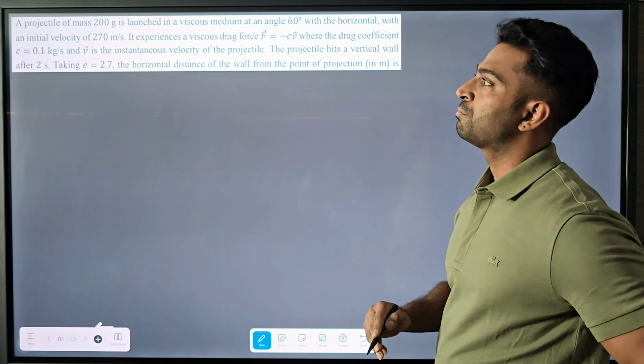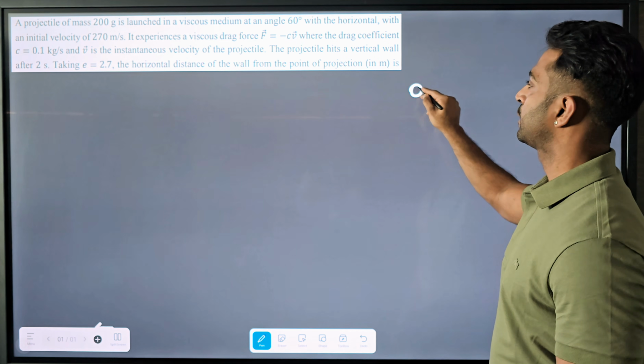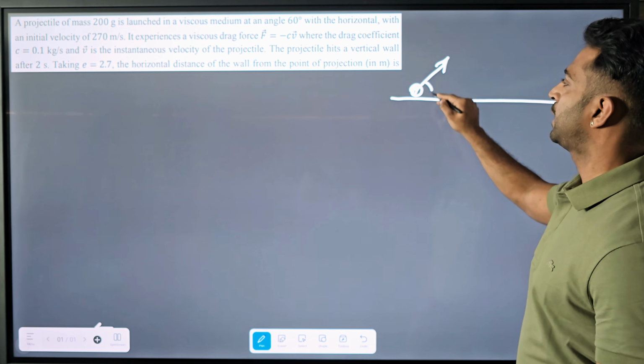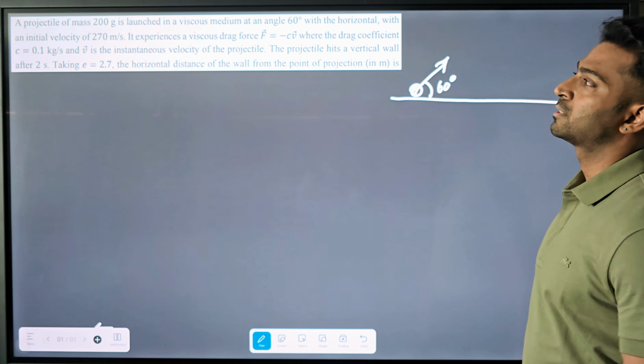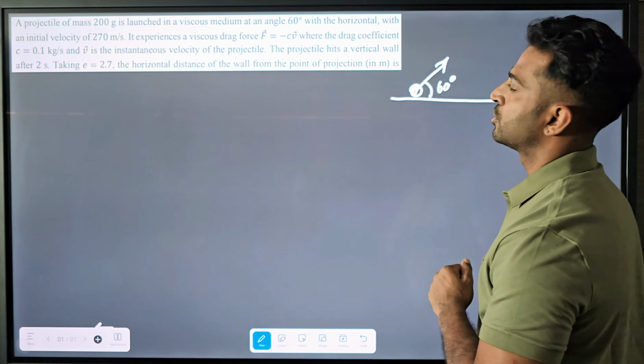So we have a projectile of mass 200 grams. It is launched in a viscous medium at an angle of 60 degrees. Let's draw the diagram as we speak. There is a body launched at an angle of 60 degrees, with a mass of 200 grams and initial velocity 270 meters per second.